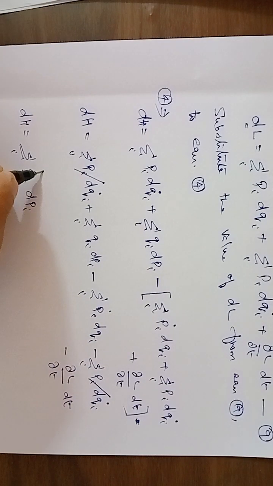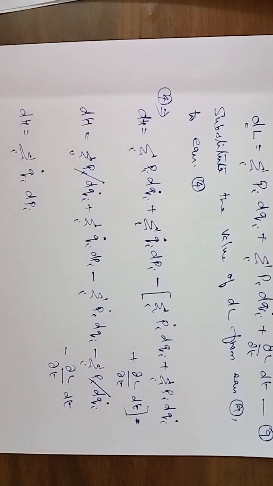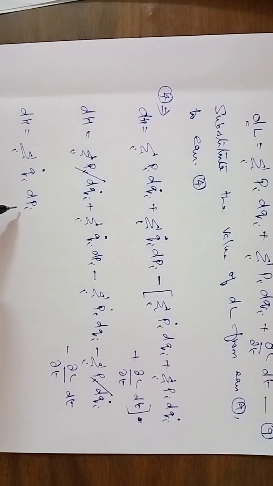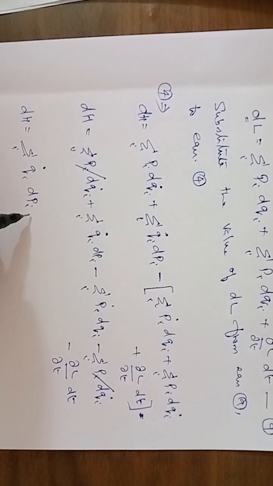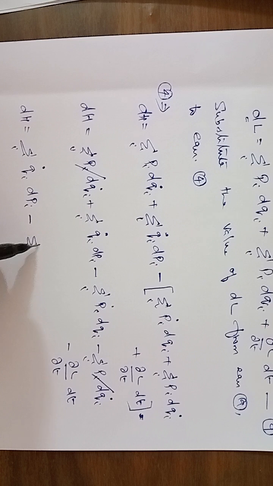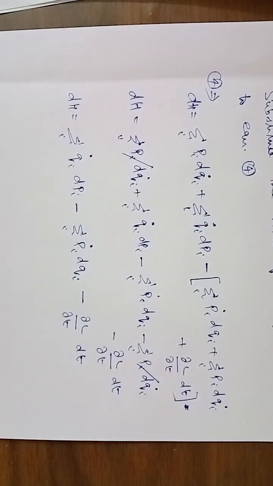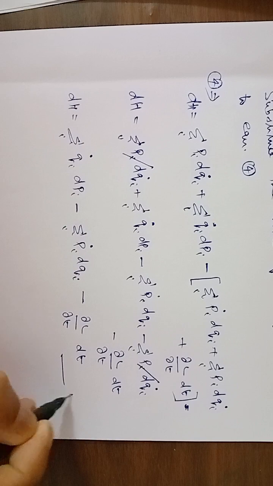So it is qi dot dpi minus summation of i pi dot dqi minus ∂L/∂t into dt, to make it equation number 10.